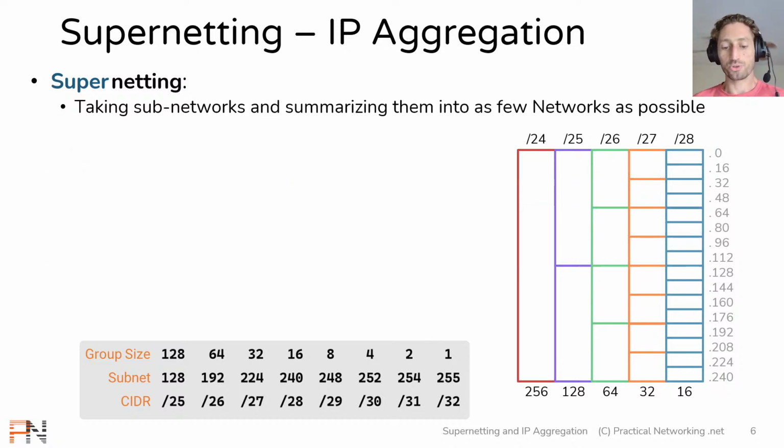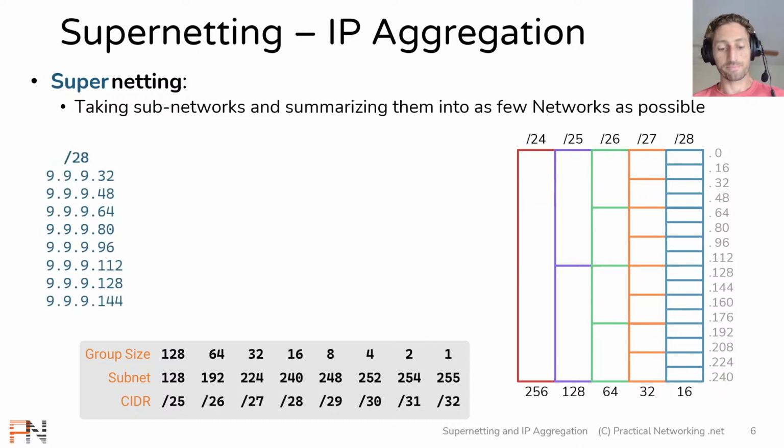Okay, one more example we'll do together, and then it's going to be your turn. So here, we are now again doing 8 /28s. Notice these 8 /28s are sequential. They're all right next to each other. The first time we did 8 sequential /28s, we were able to summarize them exactly to one subnet. But you'll see this time, it won't be as easy.